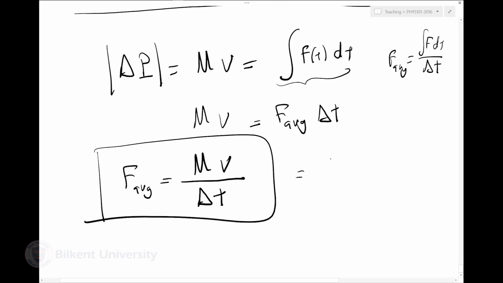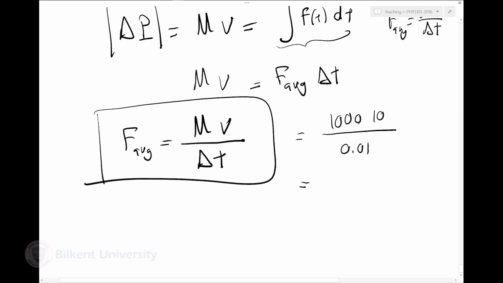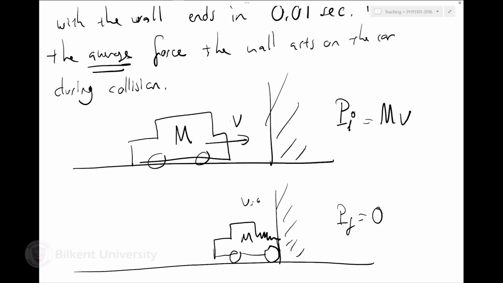If I actually put in numbers, this is 1,000 kilograms, v was 10 meters per second, and delta t was 0.01 seconds. So this is going to be 10 to the 6 newtons, a million newtons. This is a fairly low speed collision. The numbers are not super accurate, but they are within the order of magnitude.